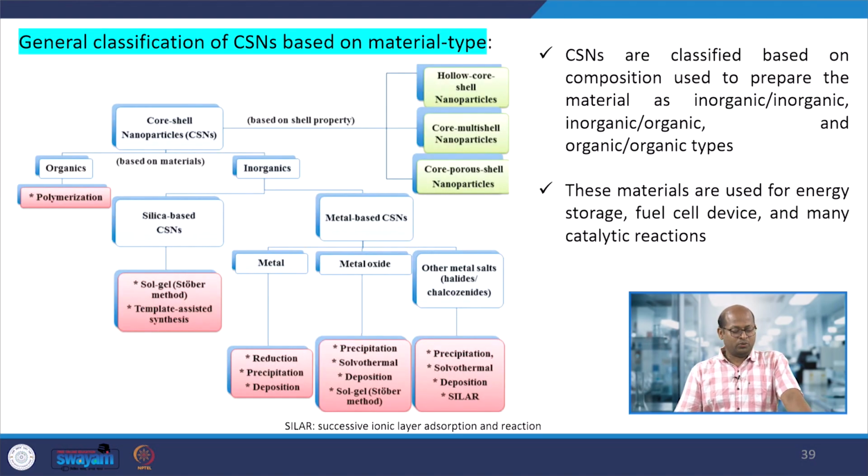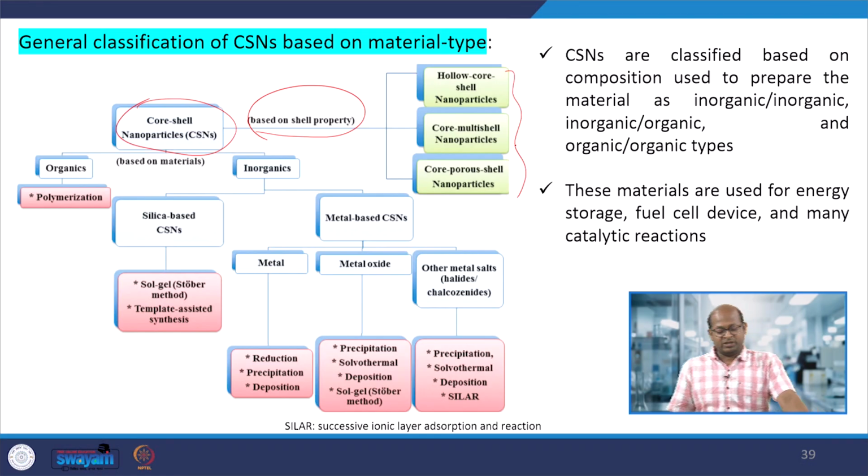So here, core shell nanoparticles can be classified based on the compositions used or preparation methods, and based on surface property, we can classify these core shell nanomaterials into hollow core shell nanoparticles, core multishell or core porous shell nanoparticles.